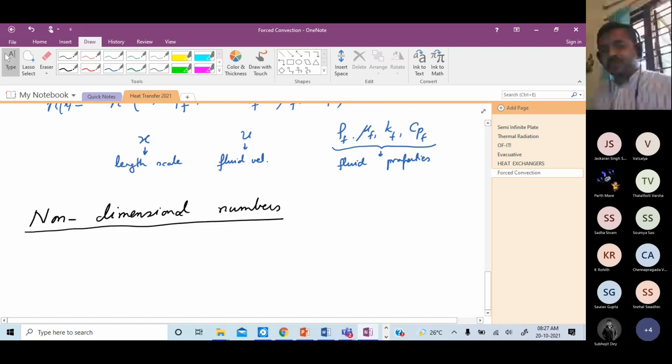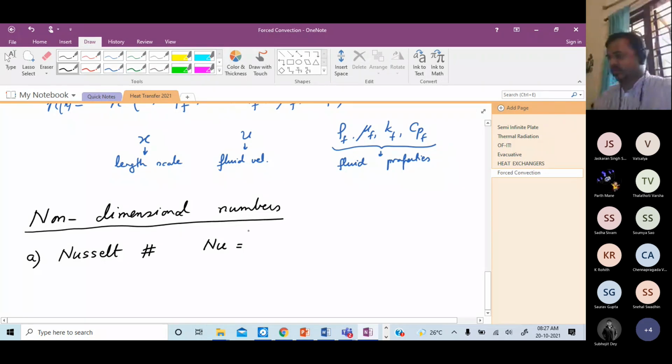The three most important ones that we are going to talk about, the first one is called the Nusselt number, denoted by Nu and given by HL over Kf.